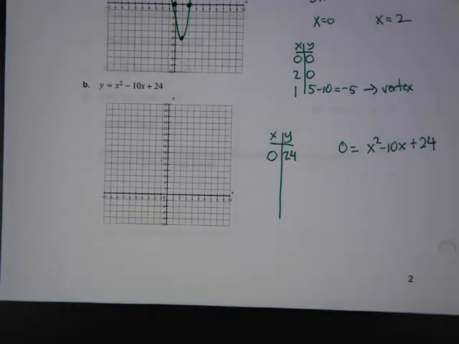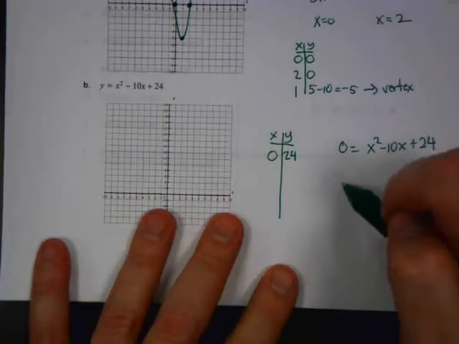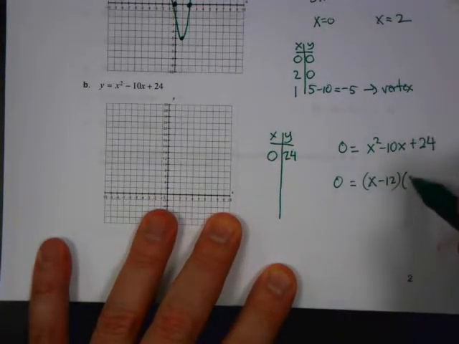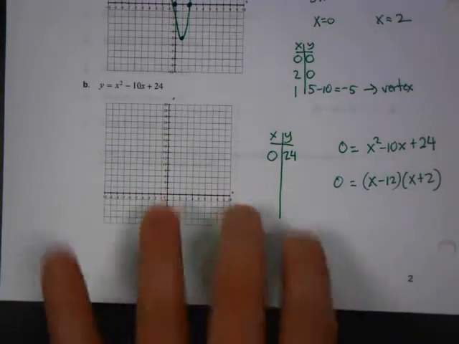You factor. Can you factor x squared minus 10x plus 24? Yes. 12 and 2? Or -12 and +2. -12 and +2. Unfortunately, I think that's the wrong answer.